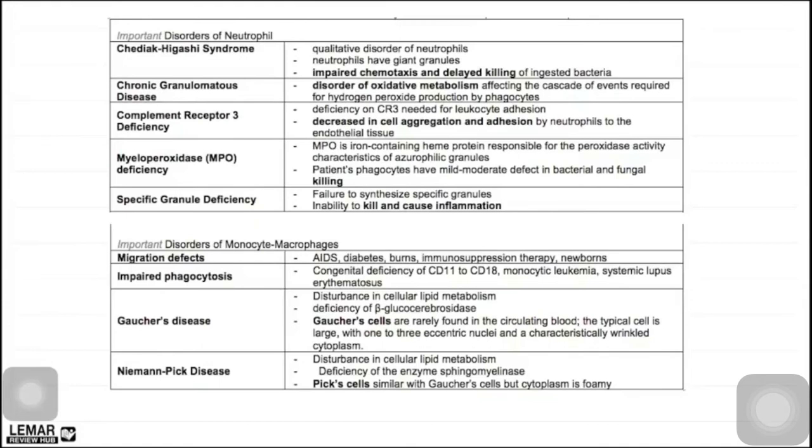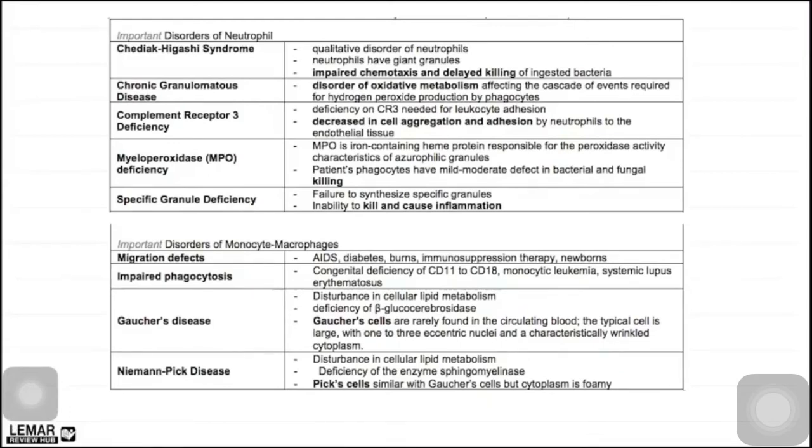These patients are at risk for both bacterial and fungal infection. We have another disorder, the specific granule deficiency. This is the failure to synthesize specific granules by neutrophils, so the neutrophils have an inability to kill and cause inflammation.